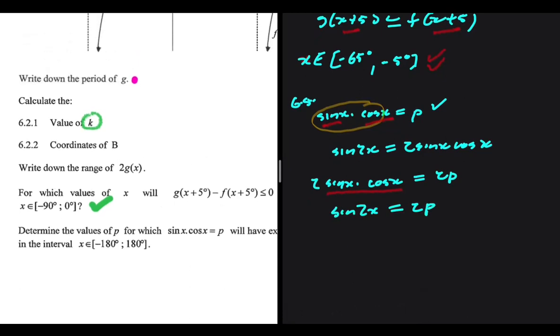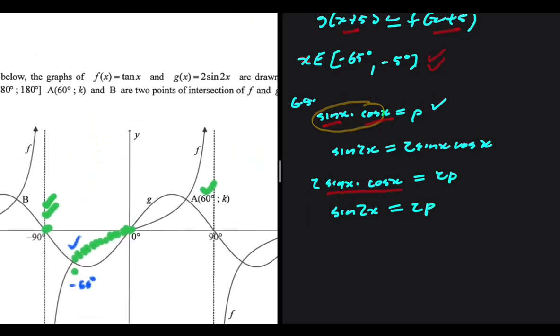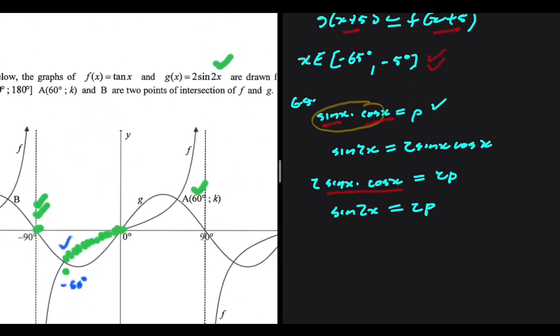We know fully well that, let me show you, g of x is equal to 2 sine of 2x. So in order to get that, let's multiply by 2 again. If we do that, we have 2 sine of 2x being equal to 4p. What is the maximum value of 2 sine 2x? It is 2 because of the amplitude. And the minimum value is minus 2.